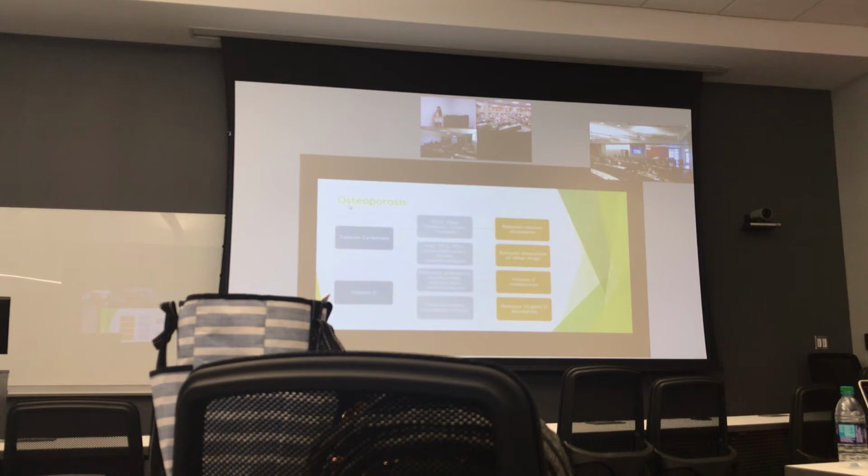Now moving to osteoporosis, I'll go over calcium carbonate. There is a citrate form available that has fewer interactions, vitamin D, and then on the next slide, bisphosphonates. The main interaction with all three of these drugs is absorption-based. So calcium carbonate, PPIs, and an empty stomach can all reduce the absorption of the calcium.